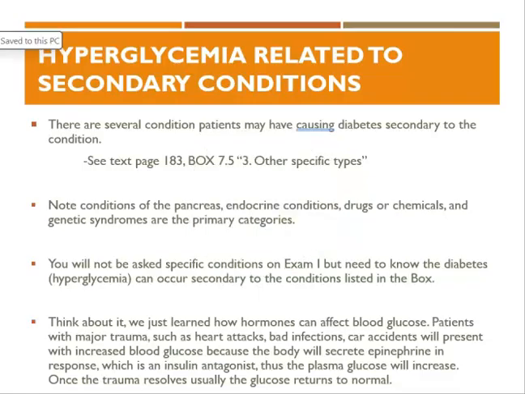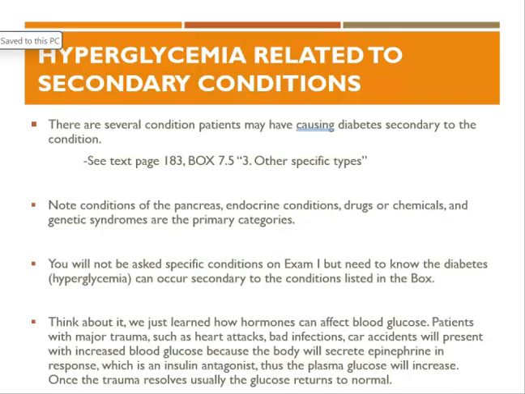In the previous lecture, we talked about type 1 and type 2 diabetes mellitus, but there are 4 different types of diabetes mellitus in total. The next category that we're going to talk about is the other specific types.